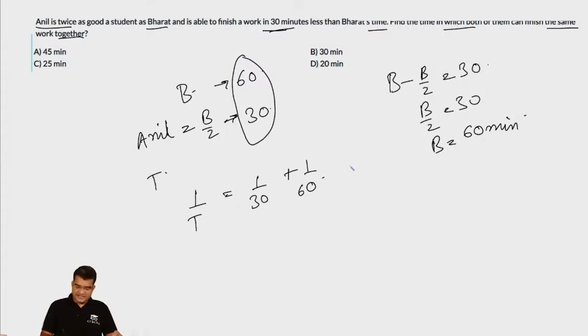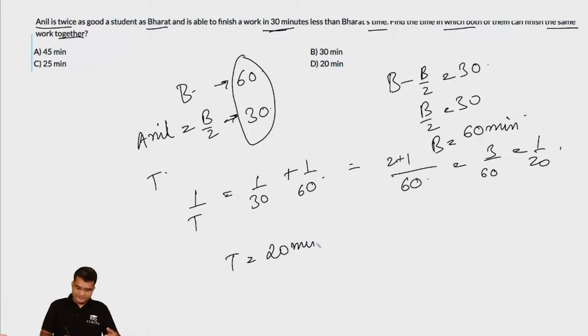What is the right hand side? The LCM of 30 and 60 is 60, so 2 plus 1 is equal to 3 by 60, which is equal to 1 by 20. Or the time taken when they are working together is equal to 20 minutes. So the required answer over here is option D.